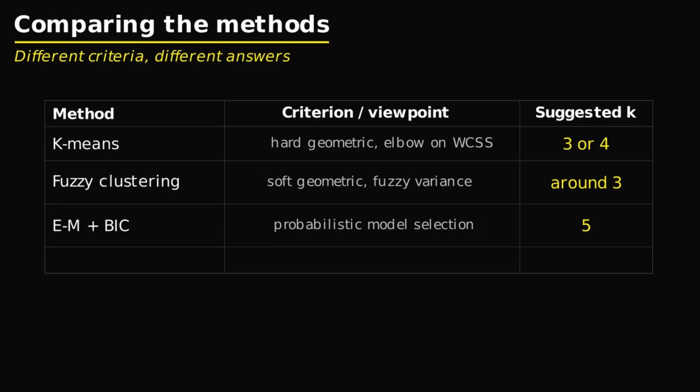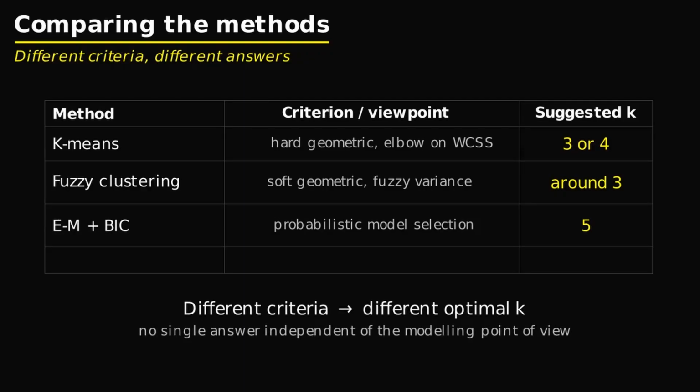K-means and fuzzy clustering organize the data geometrically, while EM with BIC selects components in a probabilistic model. As the model becomes more expressive, it can capture finer structure, and therefore it may support a larger number of components. Conclusion: there is no single correct number of clusters independent of the modeling point of view.